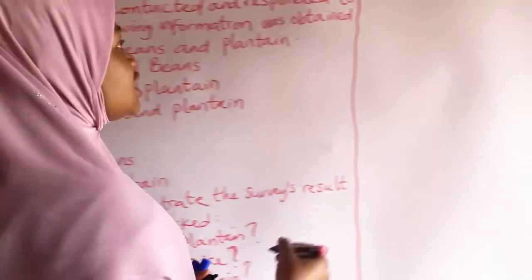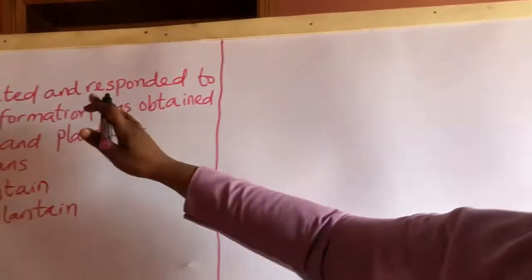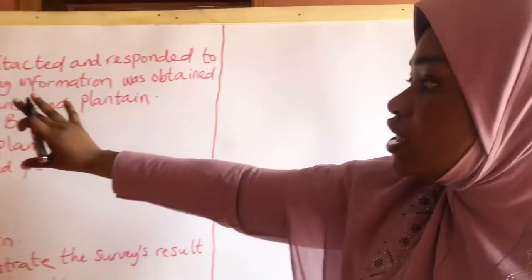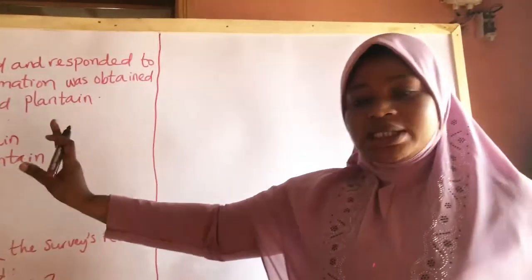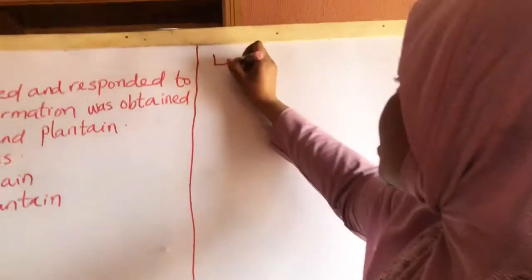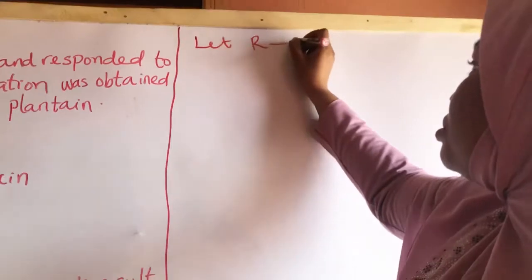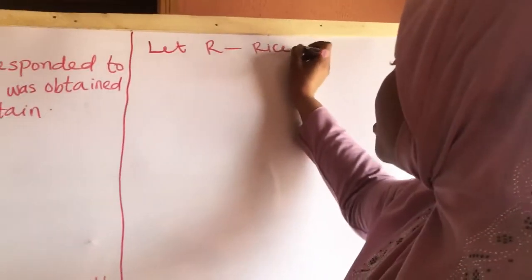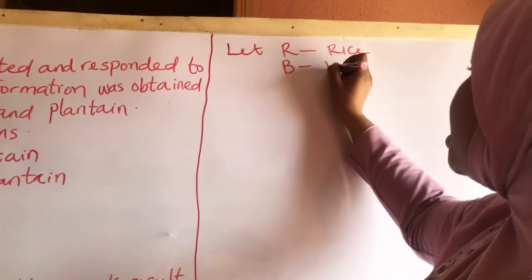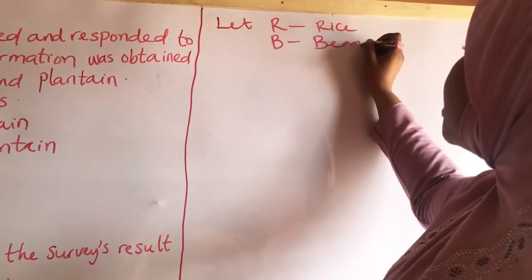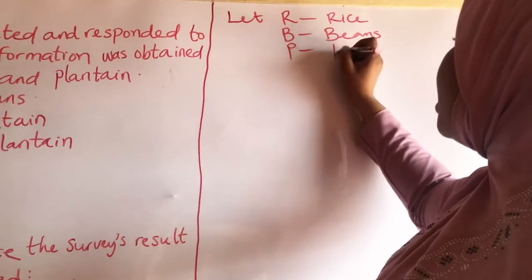So the first thing is that we have to represent each type of food with their first letter. So let R represent rice, B represent beans, and P represent plantain.